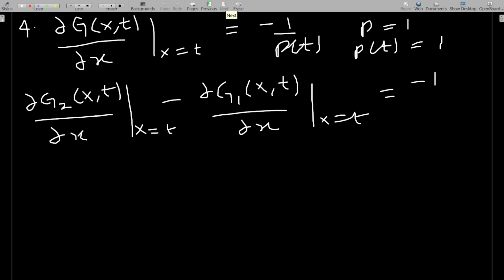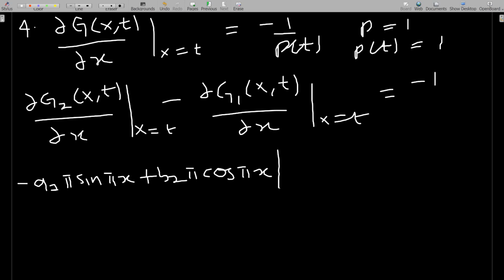So I have minus a2 pi sine pi x plus b2 pi cos pi x, all of these evaluated at x equals t, then minus, okay, so I'm writing the other one here under this.